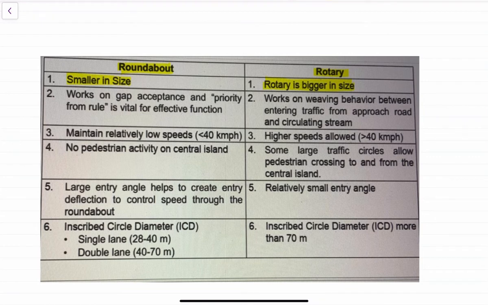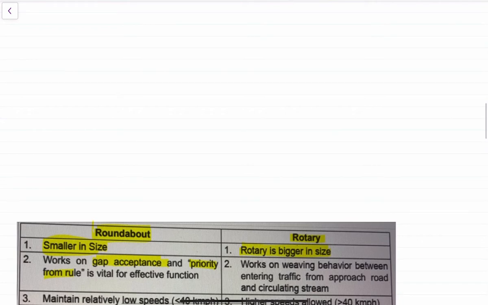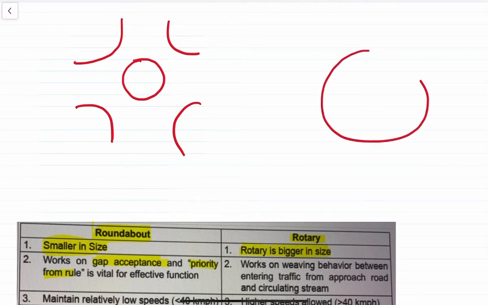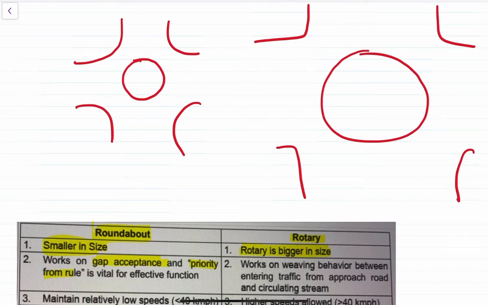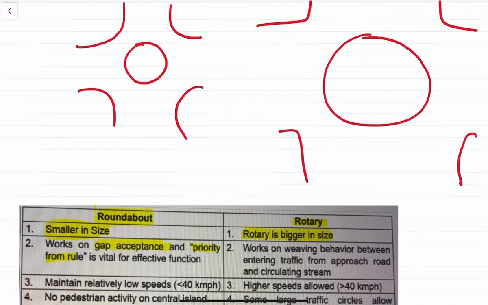Second is that your roundabout works upon the gap acceptance and priority rule. Your roundabout being smaller in size, I'll just draw for example, if this is your roundabout and this is your rotary. Roundabout being smaller in size, there is not much width available, especially not much weaving width.